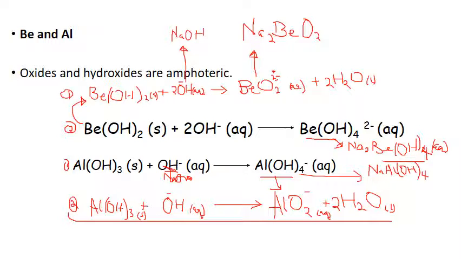Then even this one is sodium aluminate. So the aluminate ions have 2 formulae. You just have to know when to use what. If you use this number 2, just know the water is going to be put on the other side, on the right. But when you use number 1, then there is no water on the other side.